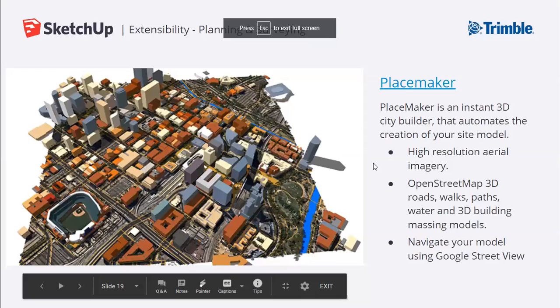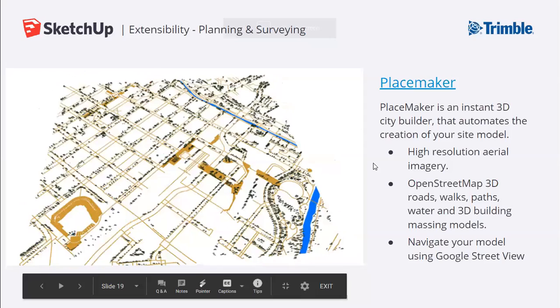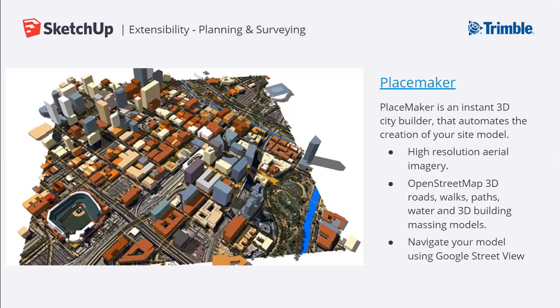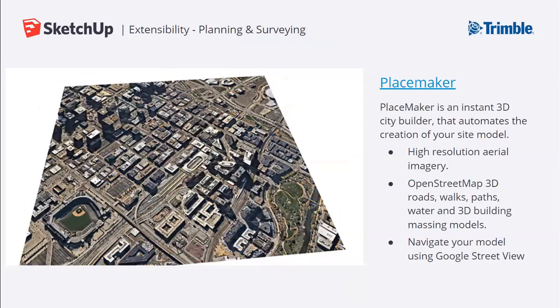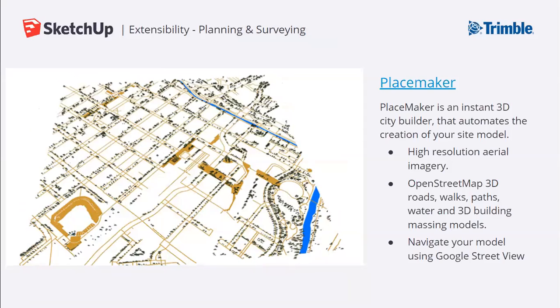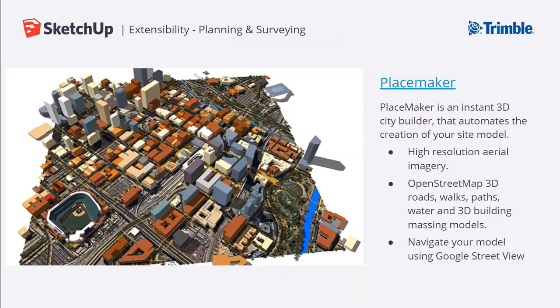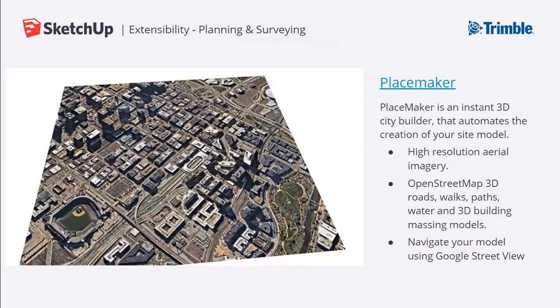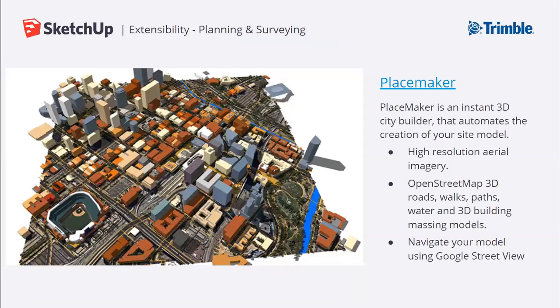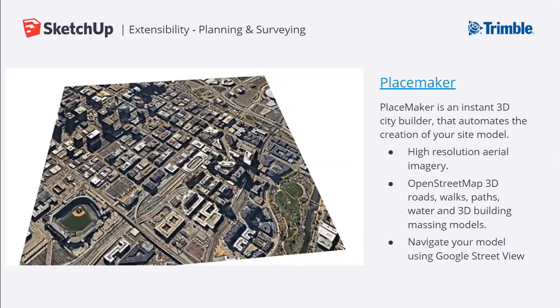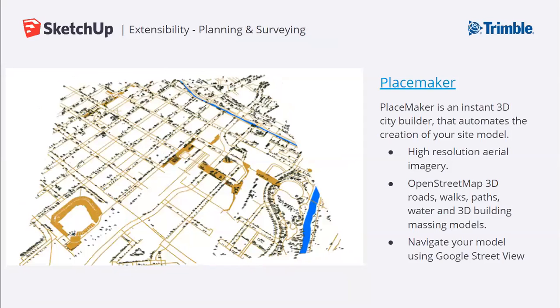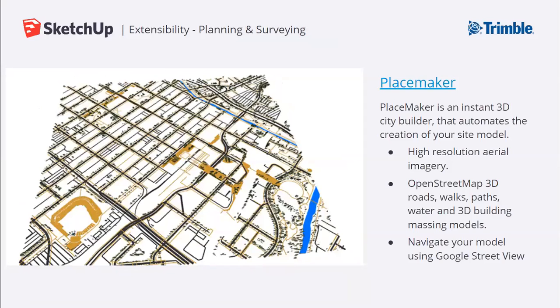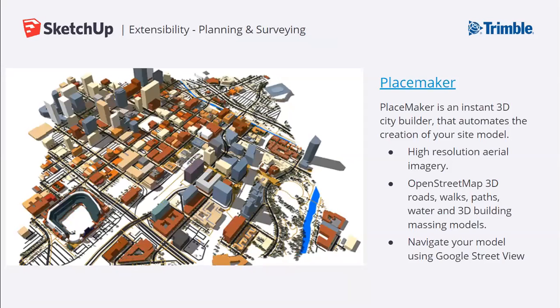I'm sure you have had some difficulties when trying to import Google Maps images to any of the software that you normally use, be it Revit or SketchUp. With SketchUp, there's an extension that can easily import 3D geometry for buildings, be it the cars, be it trees.